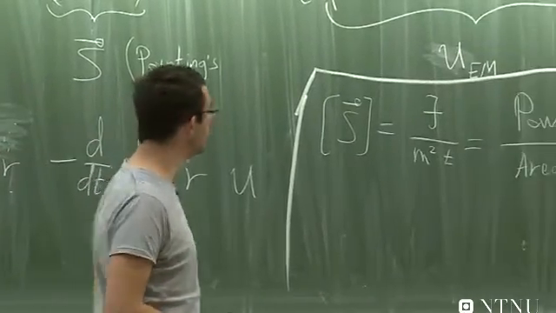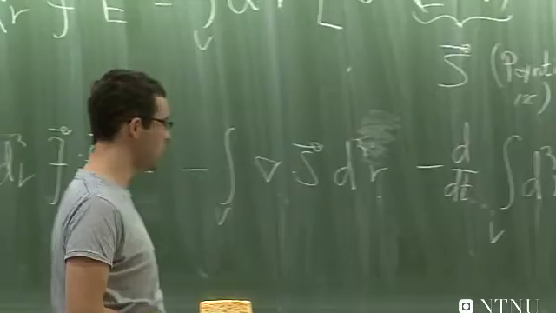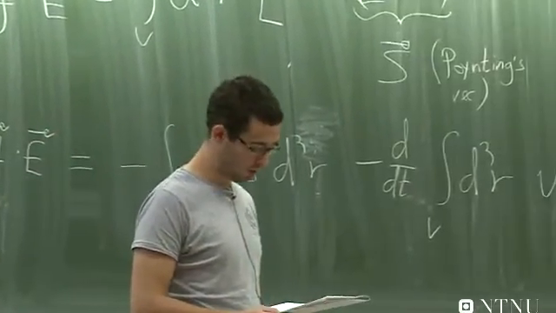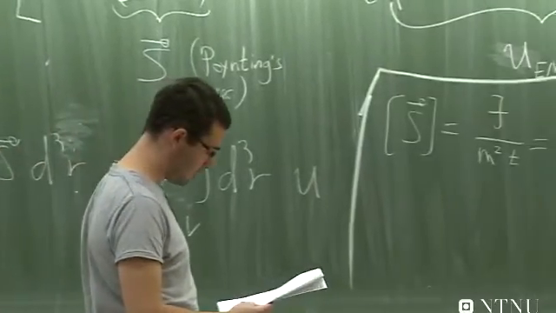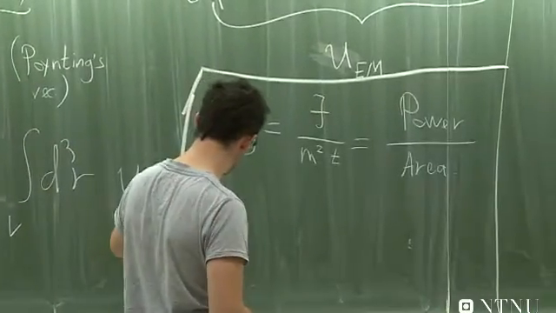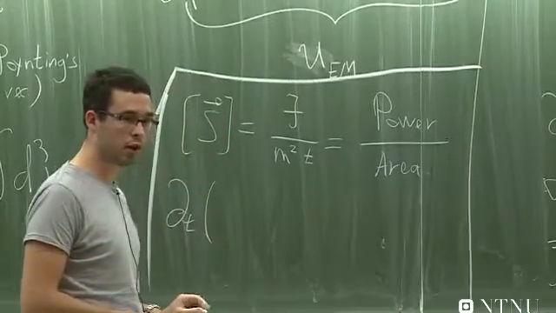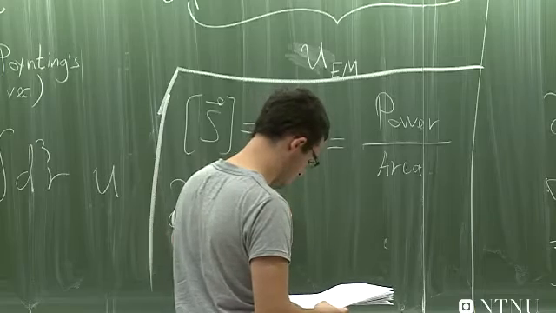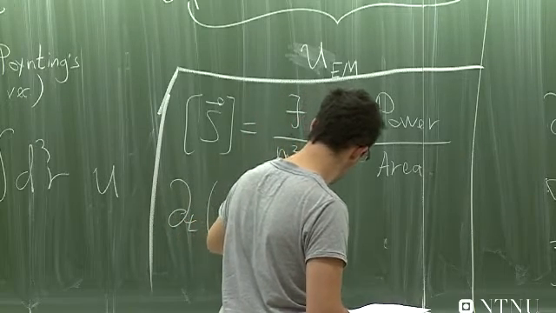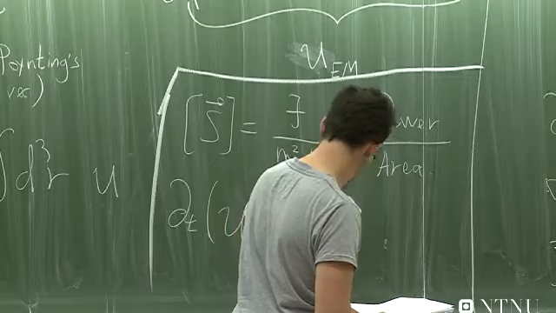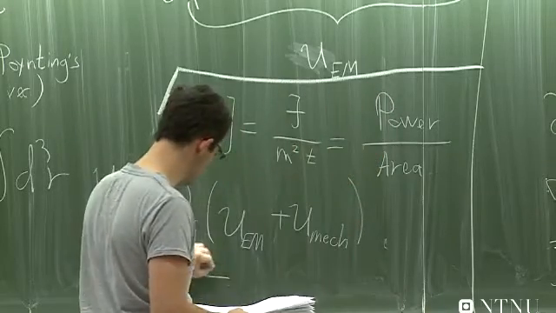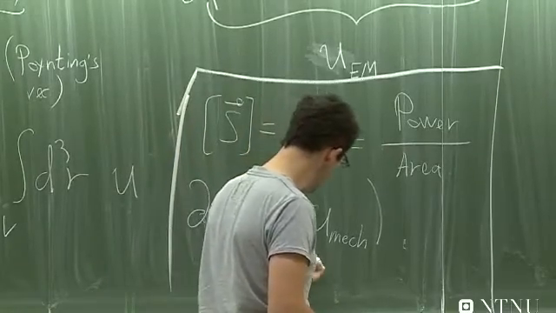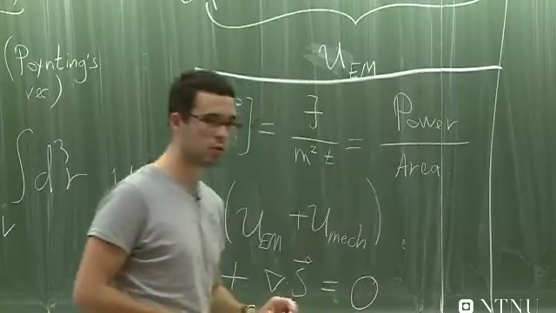And if we set the time derivative of the work or the power, which disappeared from the blackboard, to be the mechanical power, we can note the following: the time derivative of the total energy density plus the divergence of the S vector, Poynting's vector, is vanishing.